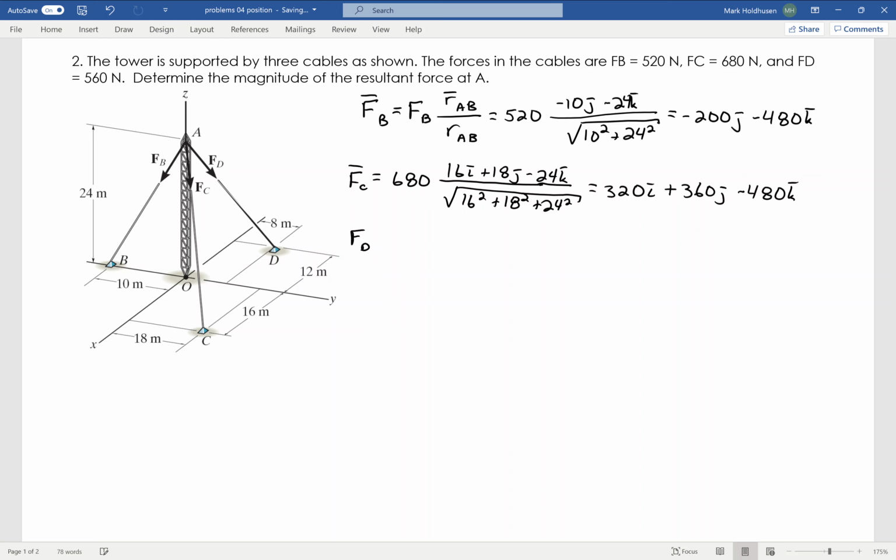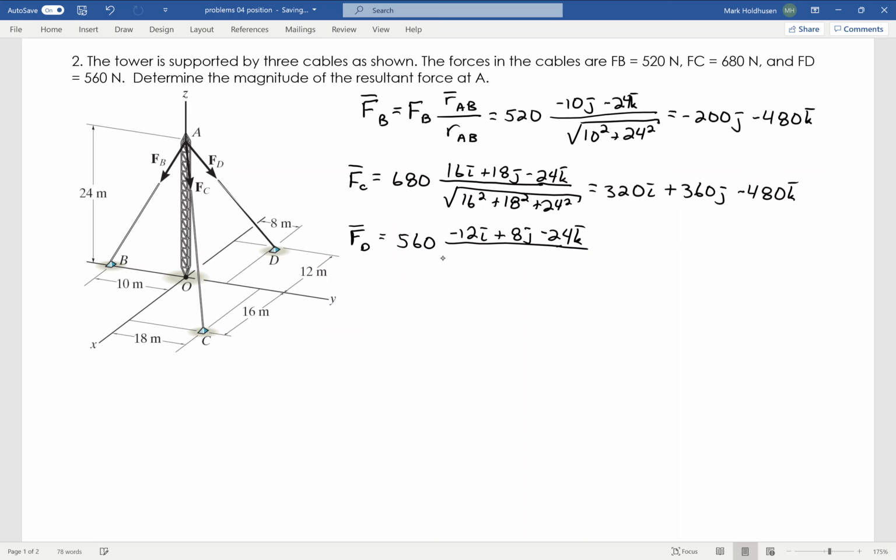Do the same thing in the D direction. I'm going to take the magnitude, which is 560. I need the position vector going from A to D. This time in the x direction I go negative 12, in the y direction I go positive 8, and then negative 24 in the k direction. Take it divided by its magnitude, the square root of 12 squared plus 8 squared plus 24 squared.